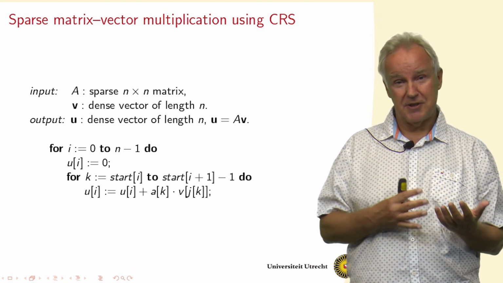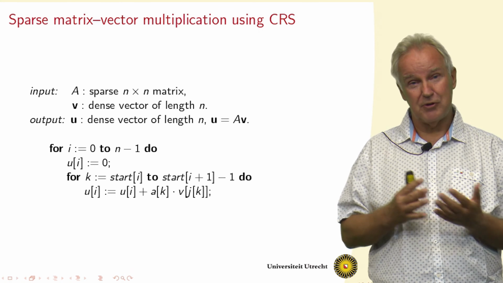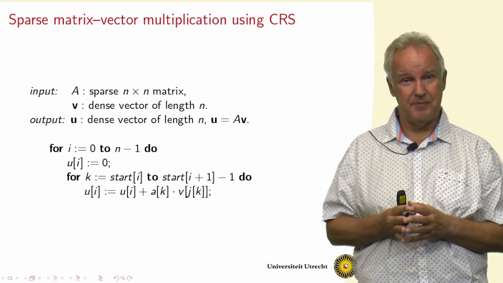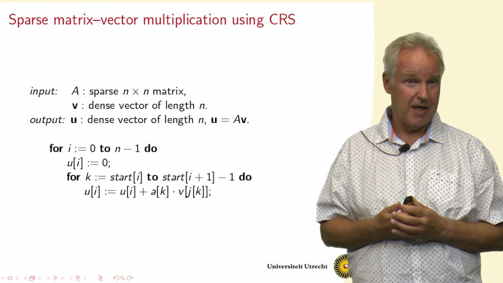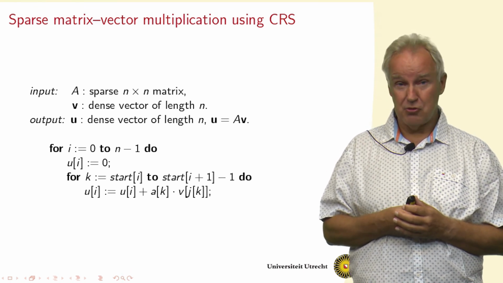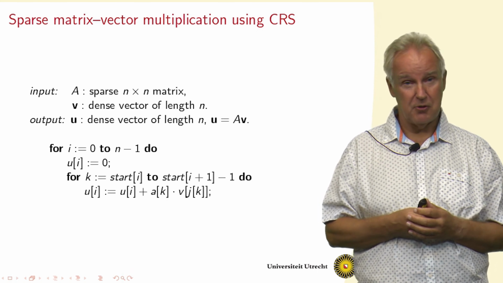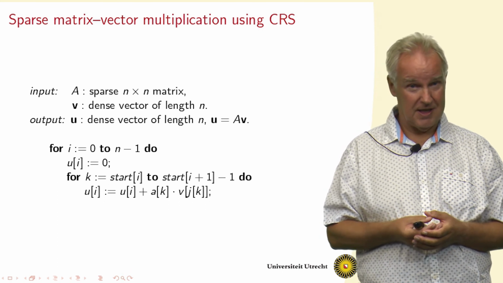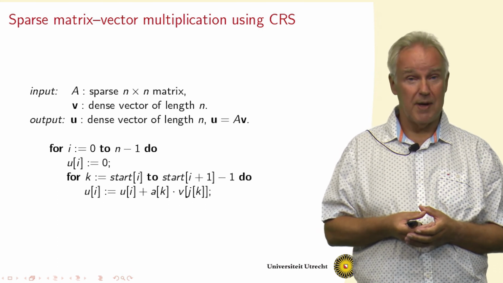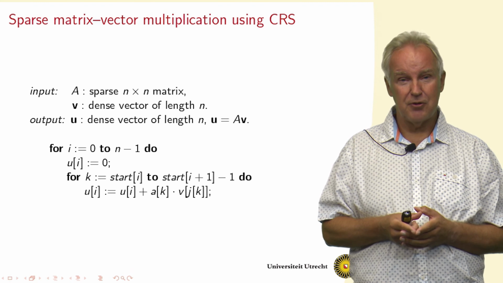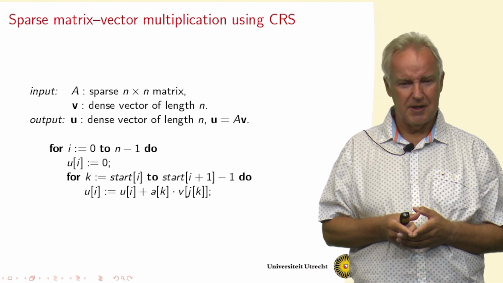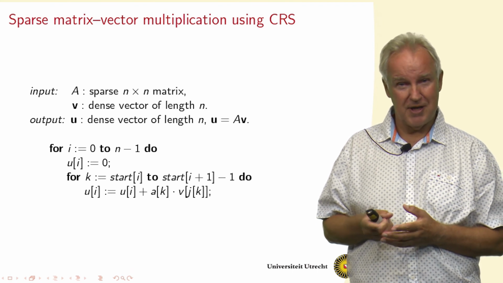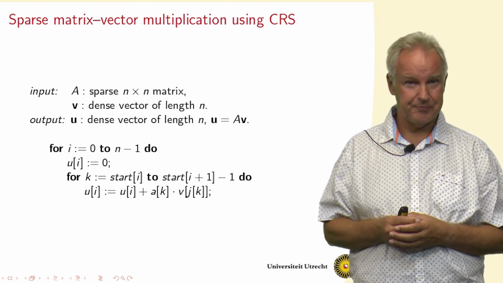Now we can transform our algorithm for sparse matrix vector multiplication using the data structure. How do we do that? We go row by row, and for every row we just initialize u_i, the output element, to 0. And then we go through the elements of the row, so we run the indices k from start[i] to start[i+1] minus 1.